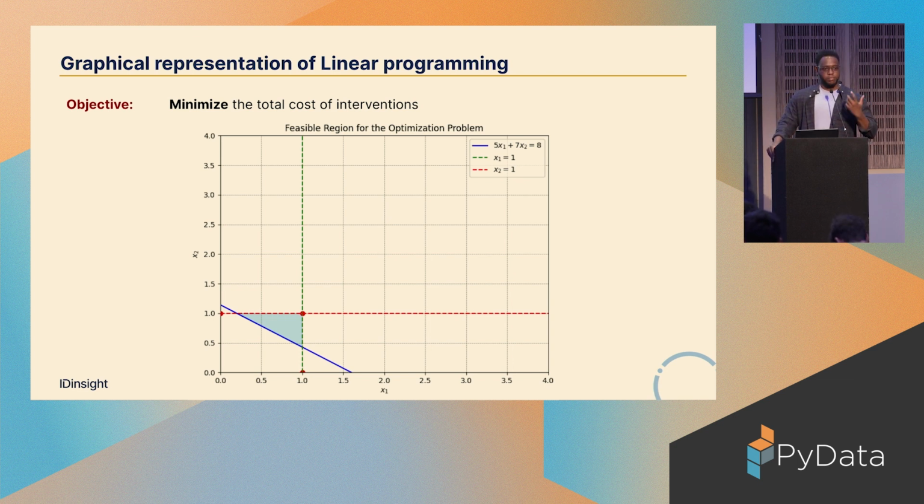Now, why is it the best solution for the government when they're trying to implement those interventions? First, it's because we're always going to get the minimal cost given the problem that we have. So they wouldn't have to go back and update the budget every time they get a set of recommendations for the strategies to implement. And also, it's a more objective way to plan the interventions.